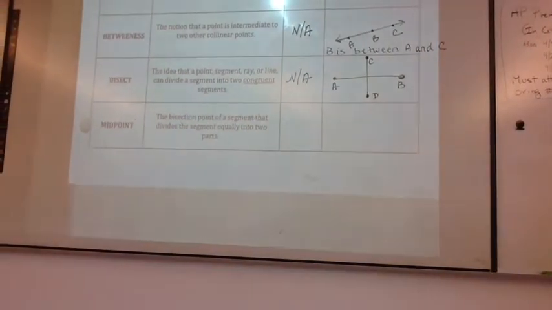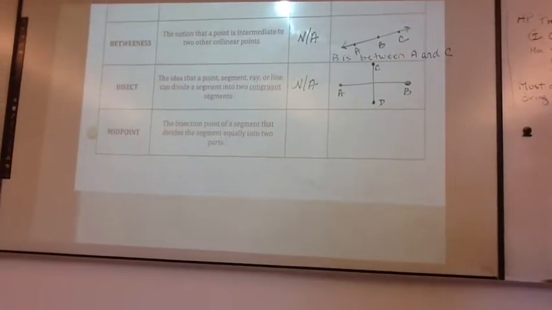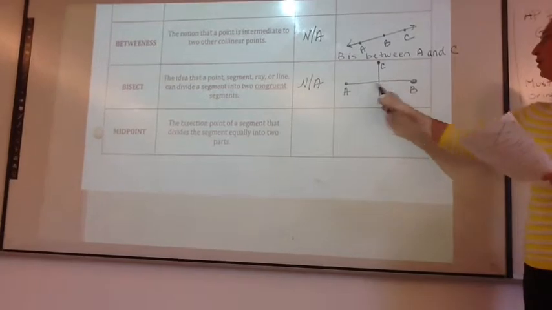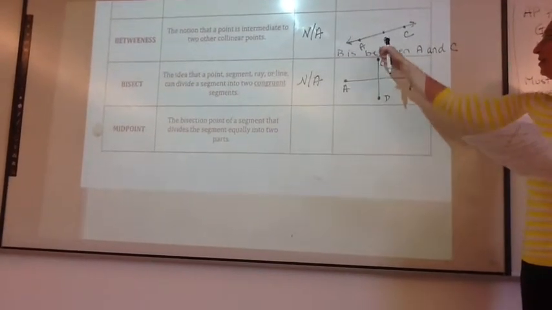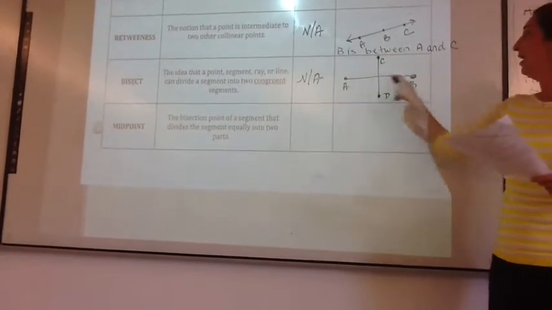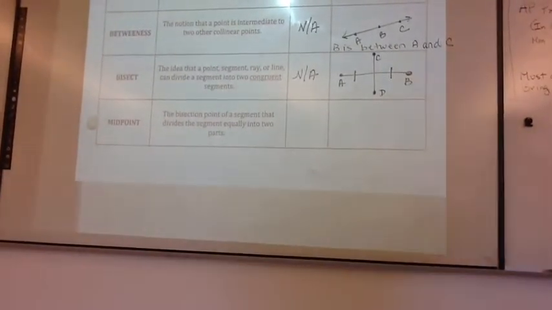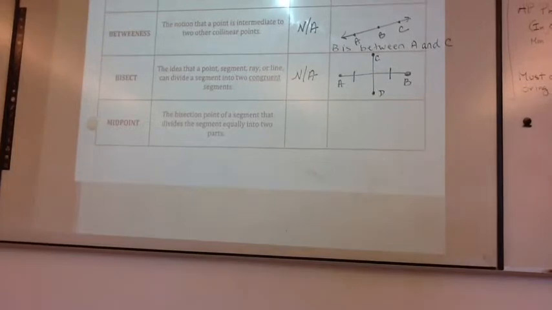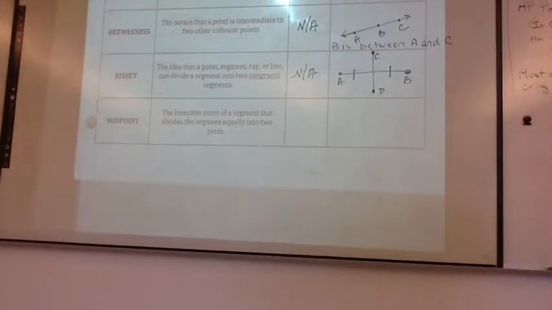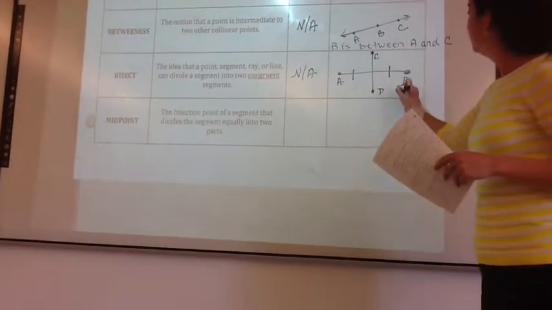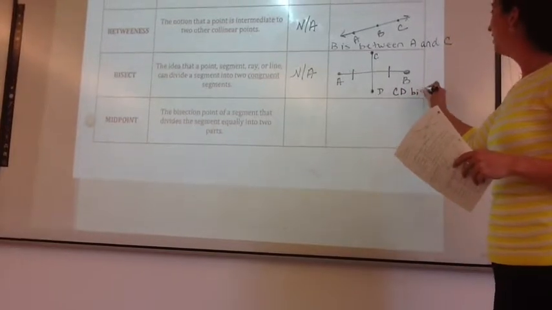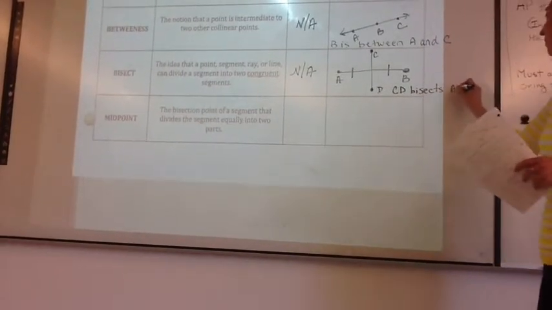So if something is to bisect, it must divide the segment into two congruent segments. So if CD is to bisect AB, I'm going to make two little marks. Familiar with those single dashes? Right, to show that they're equal. So you would then say CD bisects AB.